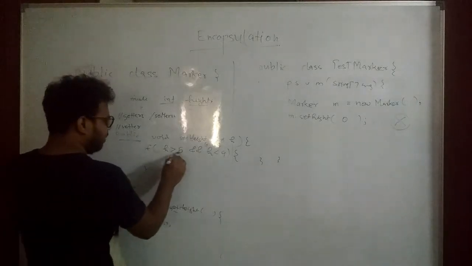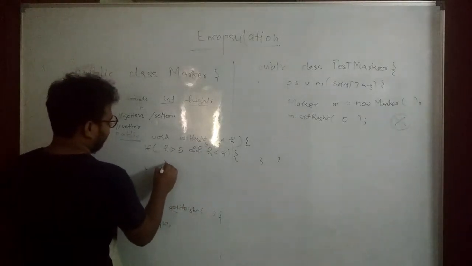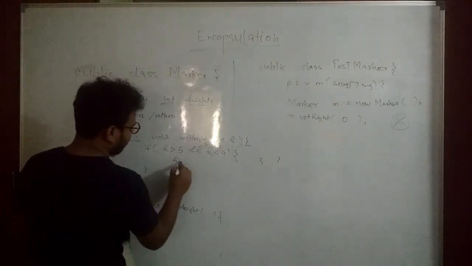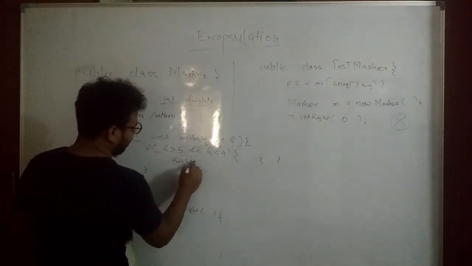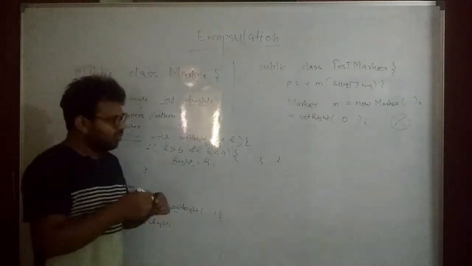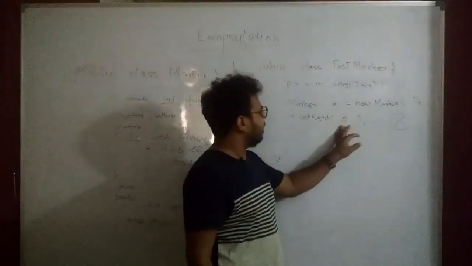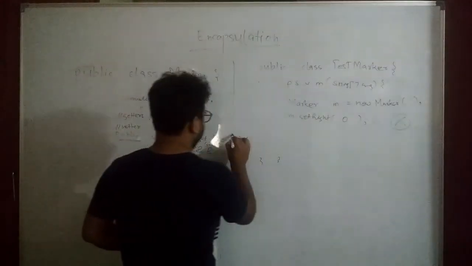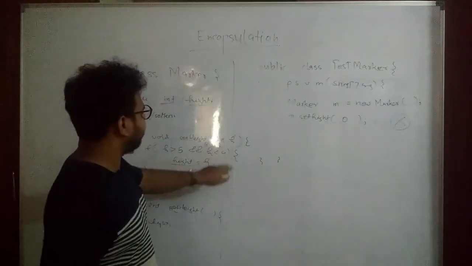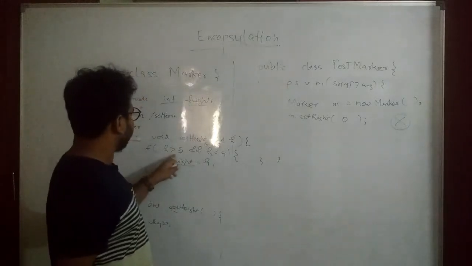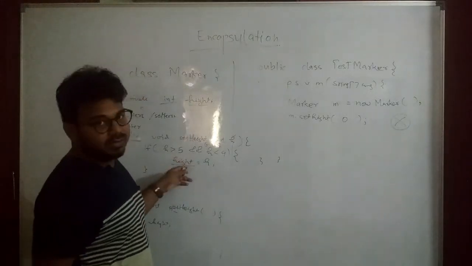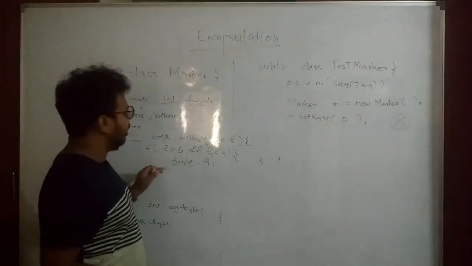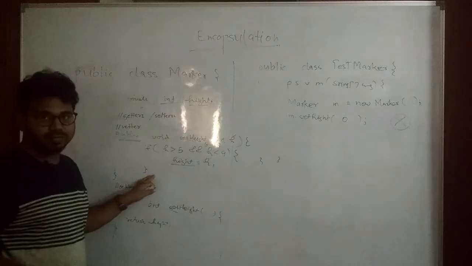Now if this is the condition, then we set the value height is equal to h. So if we call setHeight and pass 0, then when it comes here, it will check whether h is greater than 5 or not. 0 is not greater than 5, so it will not set the value of height as 0.